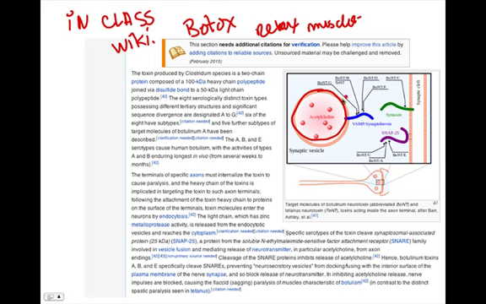What Botox does is it blocks the release of a neurotransmitter called acetylcholine. And acetylcholine is carried in a vesicle, stored in a vesicle, and when it's time to stimulate muscle contraction, this is a muscle cell here, this is a nerve cell here, and the nerve cell will stimulate muscle contraction by releasing acetylcholine.